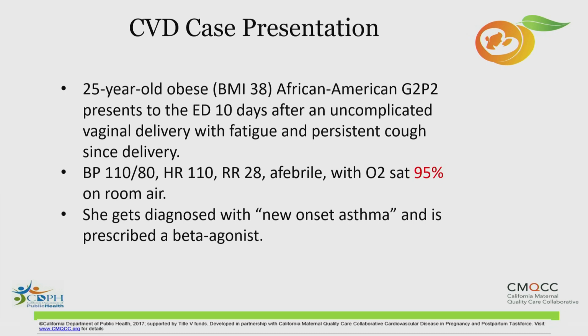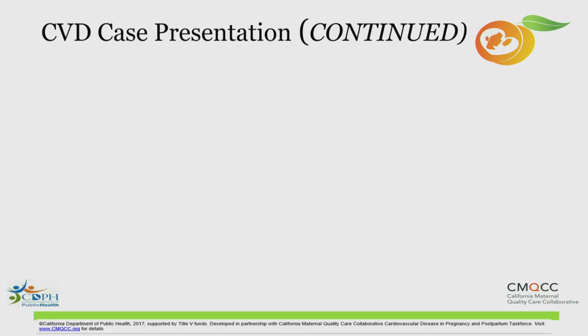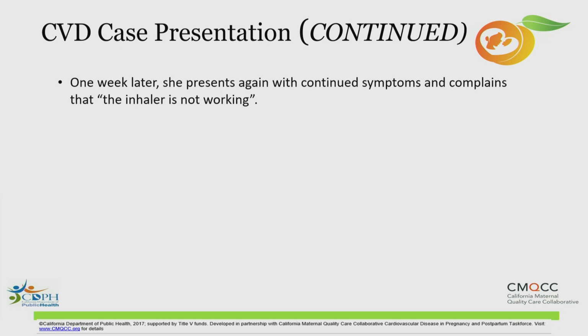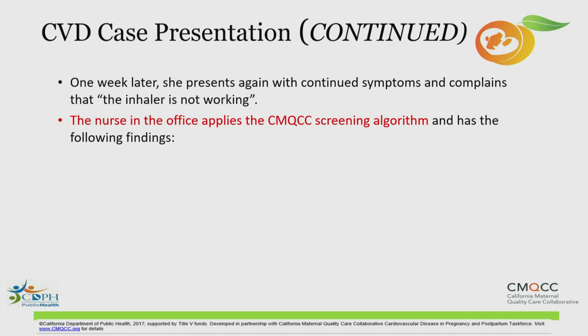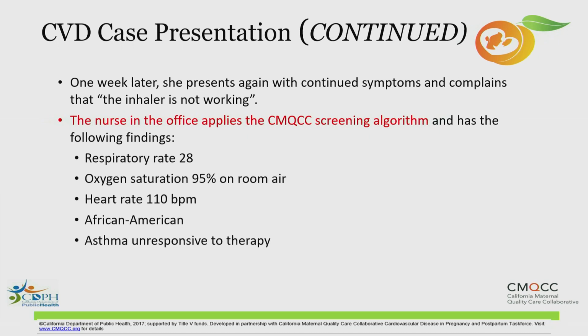She gets diagnosed with new onset asthma and is prescribed albuterol. One week later, she comes back with continued symptoms and complains that the inhaler is not working. The nurse in the office, because she came to this conference, applies the CMQCC screening tool, and these are the vital signs. Again very similar, but now she has asthma that's unresponsive to therapy, right?